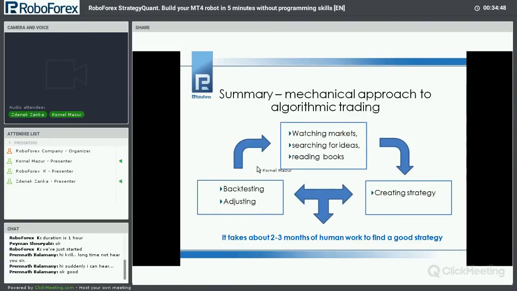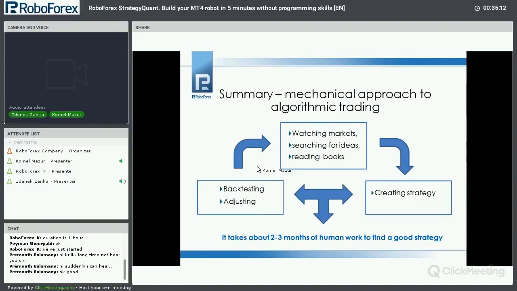The average time to create a really good trading robot can take from 2 to 3 months of work. If you work every day and invest some part of the day into it, it can be time consuming for some of you, but it's a good approach.